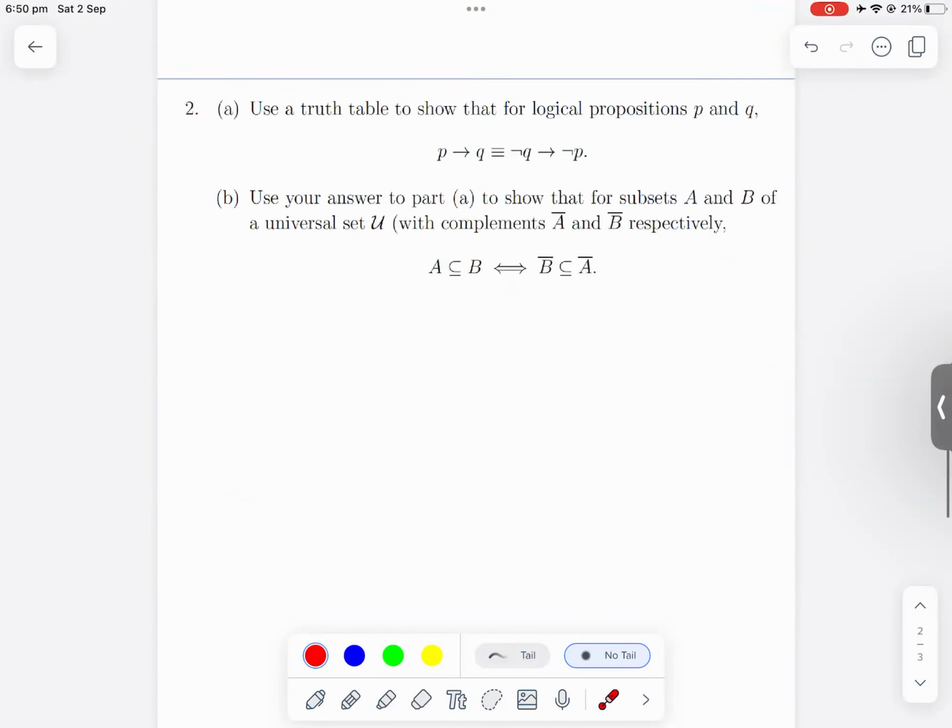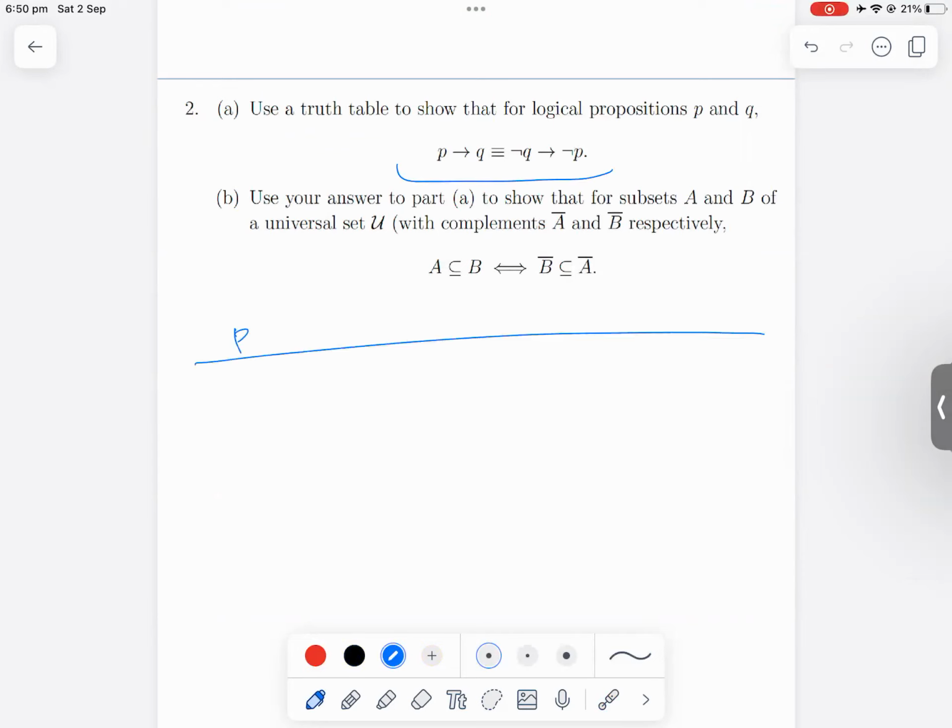For this one, you do the same job. Part A, truth table for showing this one.